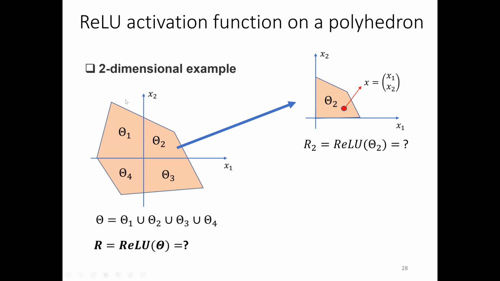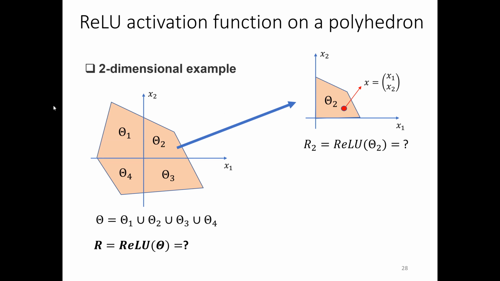Okay, so let's consider θ2 first. In this region, can you tell me if I apply the ReLU operation on this region, what I'm gonna get? How will the reachable set look? Same thing. Same thing? Yeah. Why?